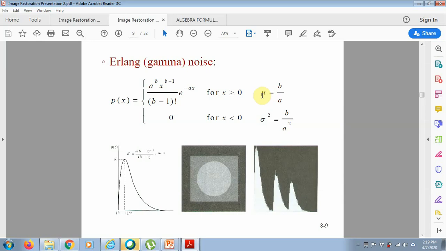Here mu, that is the mean for this, or you can say the mean is nothing but the average. The average value for this noise will be b by a. If x is less than 0, then it will be 0.